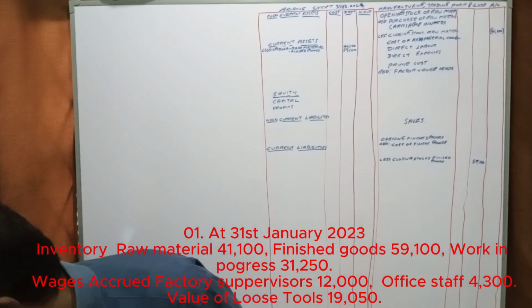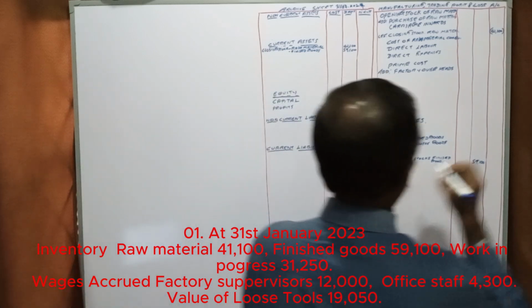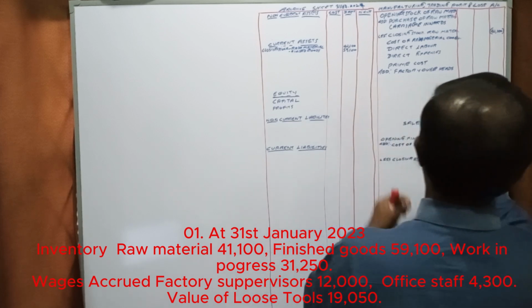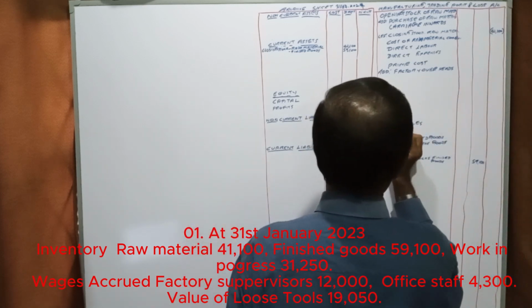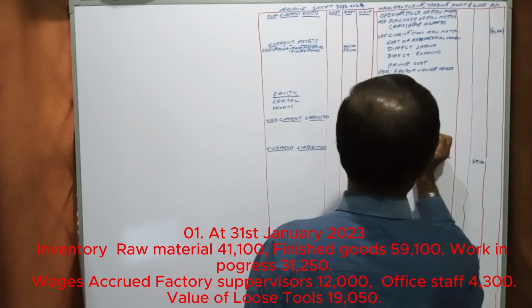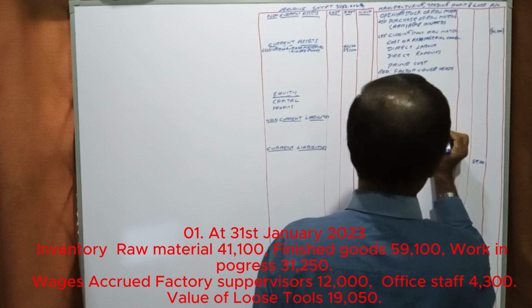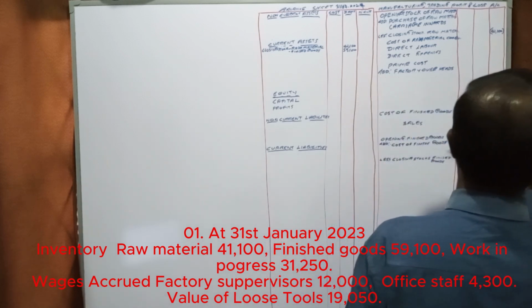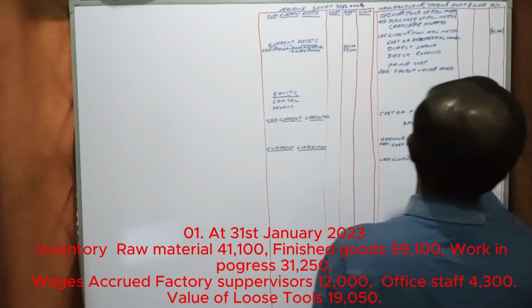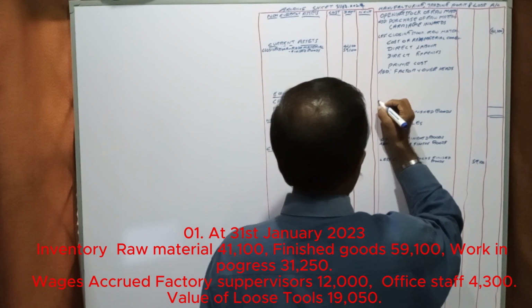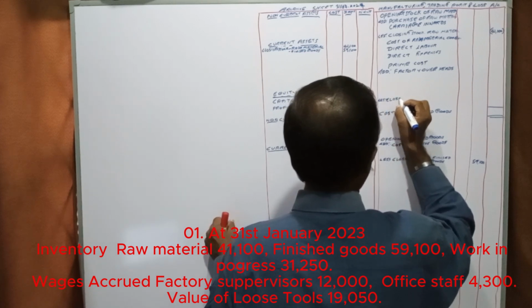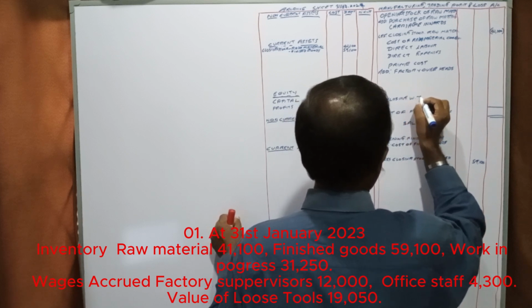Closing sales, cost of finished goods. This is the cost of finished goods. Here, less closing work in progress.